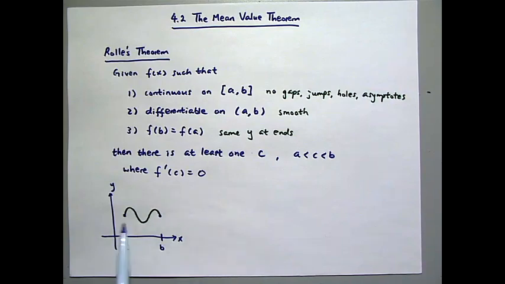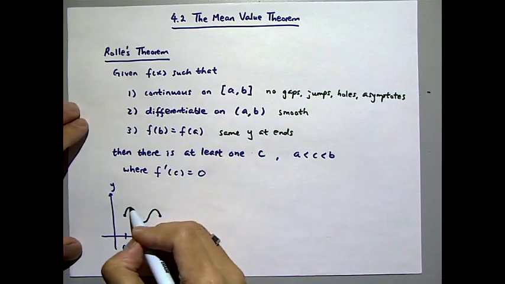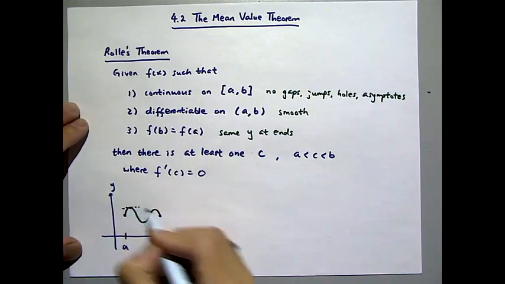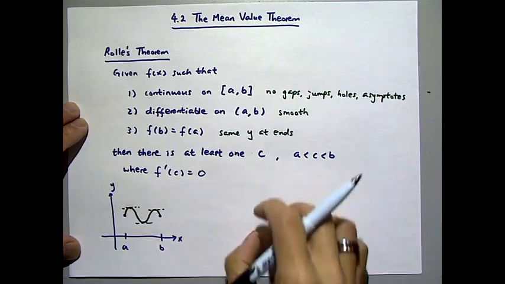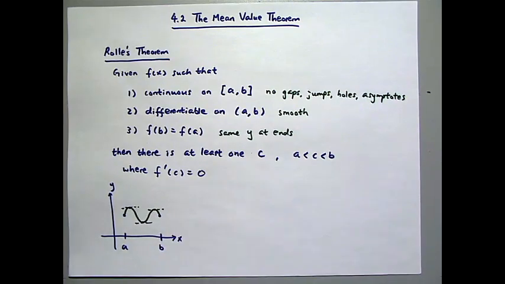Obviously continuous, smooth, no corners, no cusps, the same y values at the two endpoints. And notice that I could actually find three places, one here, one here, and one here, where the tangent line is horizontal.